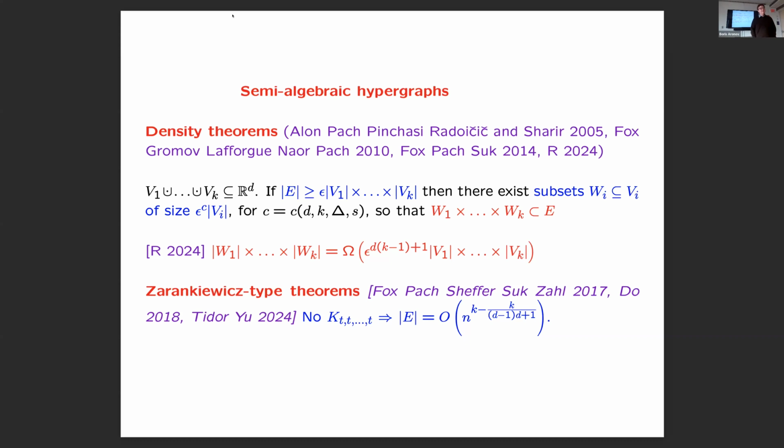In your bound, you don't have delta anymore, so it doesn't matter. Well, look, my bound is for the density version.